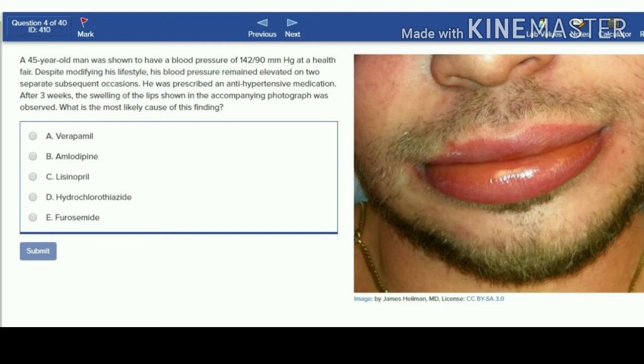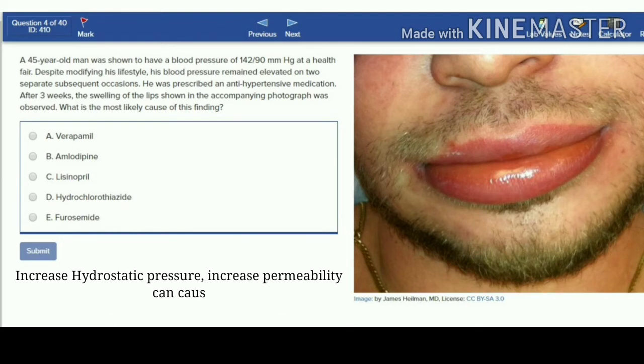So first you understand that this is a condition of angioedema where there is increased extracellular fluid. The fluid comes from the blood vessel out into the interstitium, and there is a swelling. So why does the fluid come out? Whenever there is an increase in hydrostatic pressure in the blood vessels, the fluid comes out.